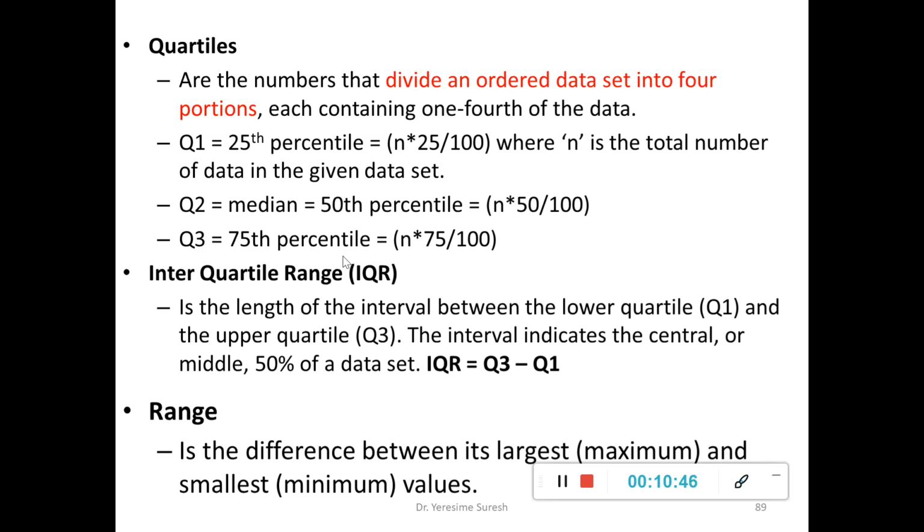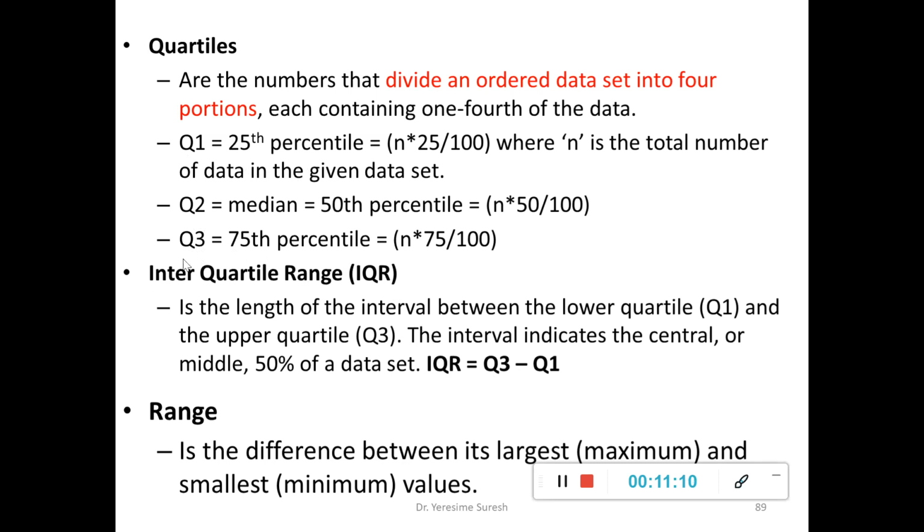Now I have something called the interquartile range, which gives the length of the interval between the lower quartile Q1 and the upper quartile Q3. This interval indicates the central or middle 50% of the data, and the interquartile range is given as Q3 minus Q1, the difference between the 75th percentile and the 25th percentile.